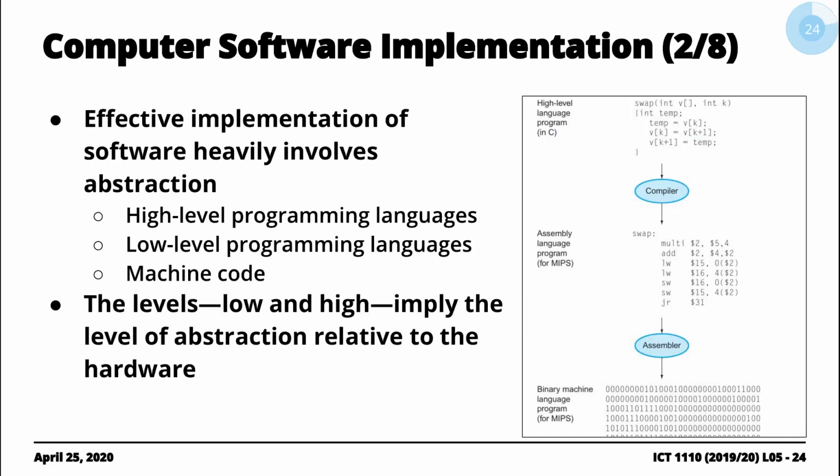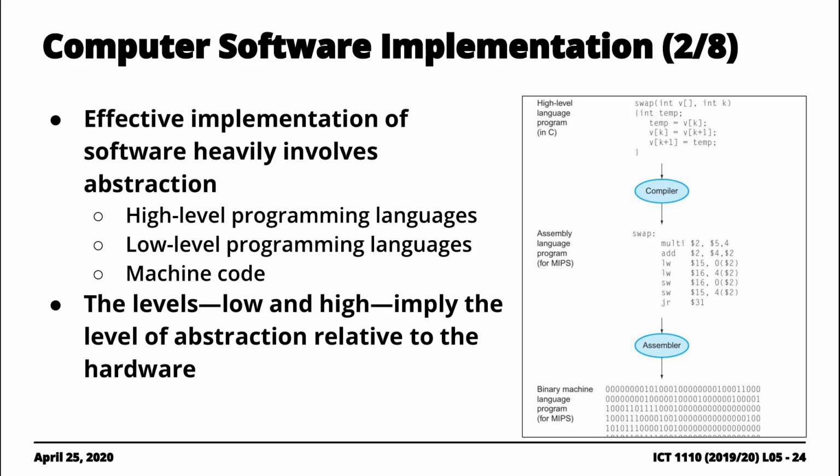And really, this whole notion of high-level programming languages versus low-level programming languages is essentially tied to this notion of abstraction. A high-level programming language has a higher level of abstraction in comparison to a low-level programming language. And really what we're referring to by a high level of abstraction and low level of abstraction is relative to the native language used by the computer system, right?